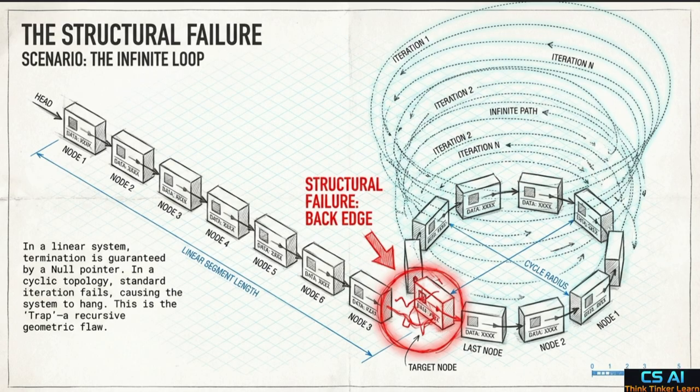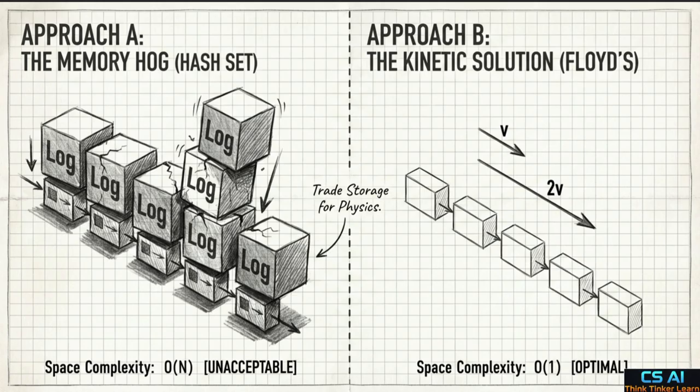This creates a trap, a recursive geometric flaw. Once a traversal enters this infinite path, a standard iteration algorithm will never terminate, causing the system to hang. The cycle radius highlights how these nodes are trapped in a loop, making them inaccessible in a linear fashion after the loop is entered.